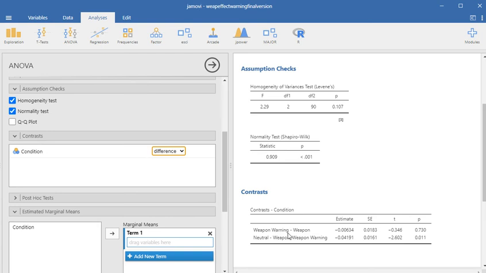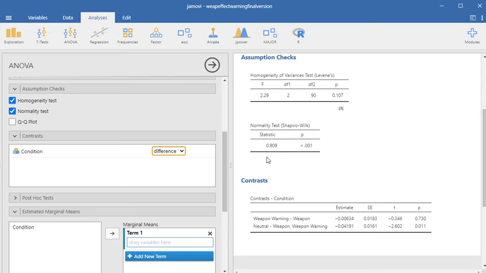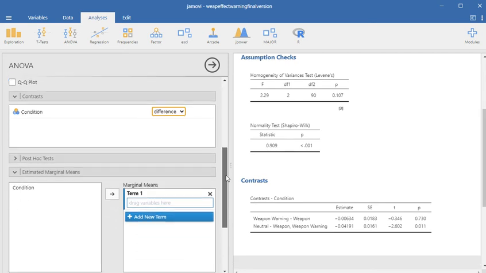If we compare the weapon warning and weapon conditions, they're really not that different from each other. So that's about what we would expect. And more importantly, if you compare the neutral condition to the weapon and weapon warning conditions, check this out. This turns out to be significant, which is what we would have predicted.